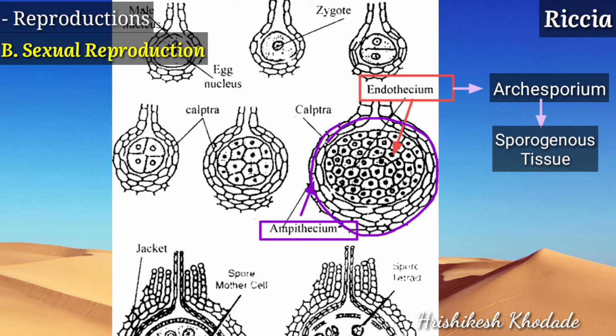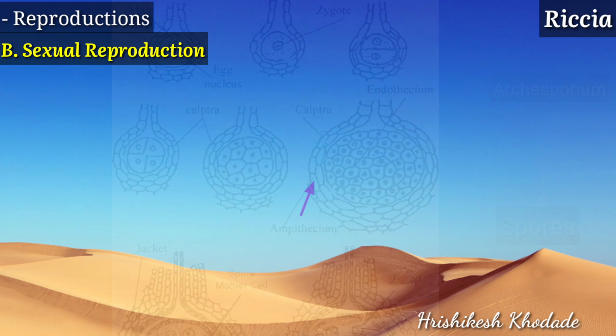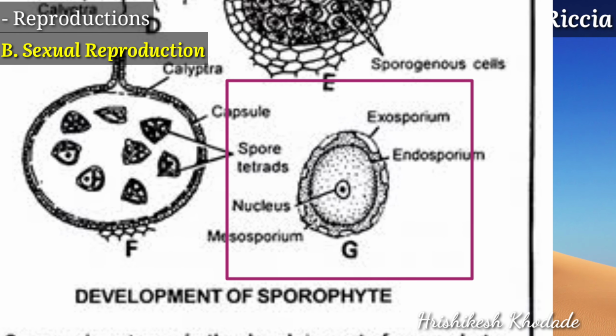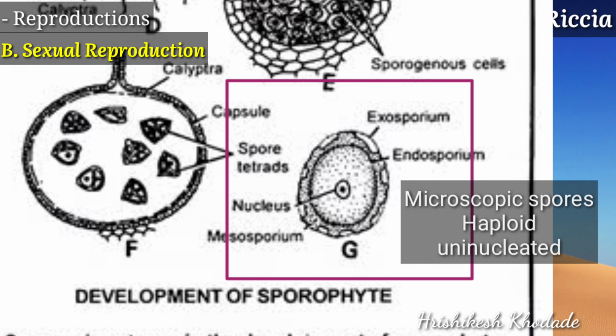In the last lecture we discussed the sporophytic sporogenous tissue, and where it comes from. There is a difference in every class of bryophyte. The mature sporogonium contains the spores inside, and rupturing of the sporogonium releases the spores. These spores are very small, almost 0.05 to 0.12 millimeter in diameter.